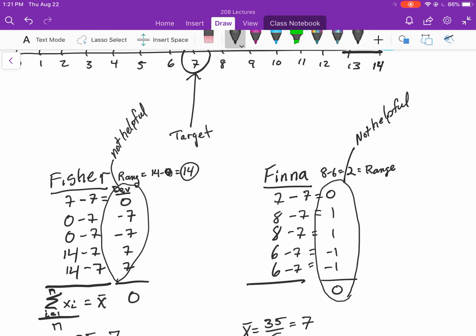But one thing we can do is we can square those deviations. And because a squared number is always positive, I'm going to go over to Fisher's column and write deviations squared, because I still like the concept of our deviation. So that's going to be 0 squared, and this is -7 squared. But watch, when I square -7, it's going to be 49, right? It's a positive number. -7 squared is going to be 49 again. +7 squared is also 49.